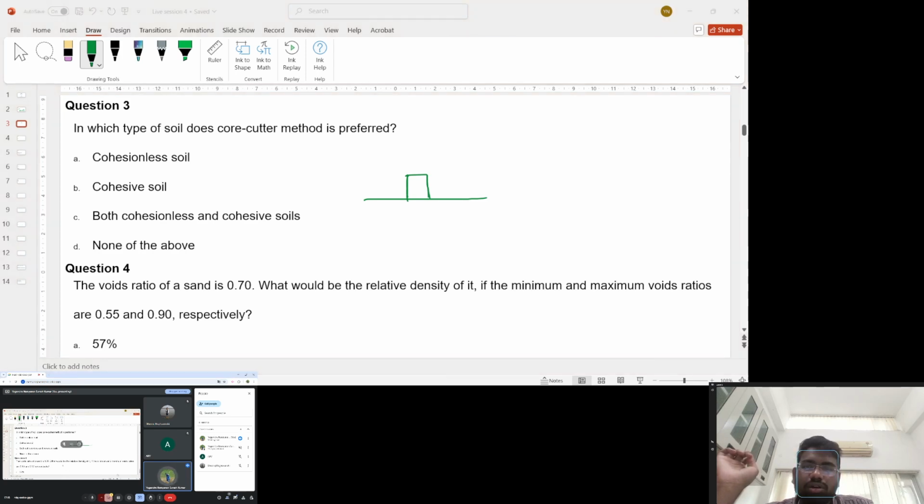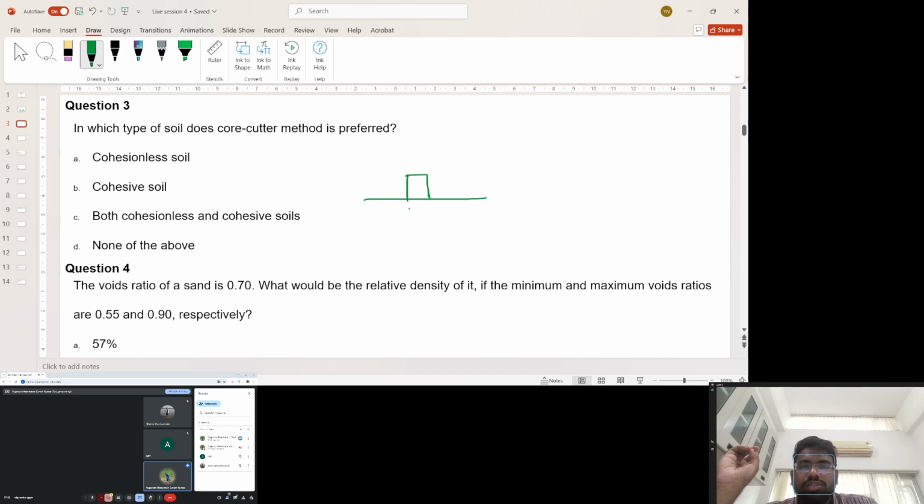Can you cut the core out of sands? You cannot cut the core out of sands, so you will not get a proper sample. So core cutting is not advisable for cohesionless soil. It is usually done for cohesive soil.